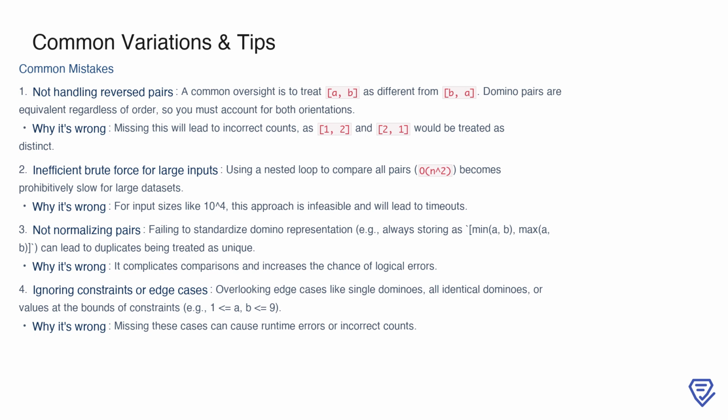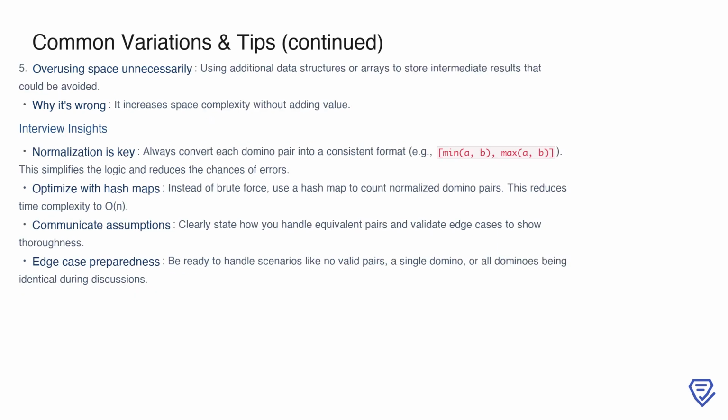Scenarios like having only one domino, all dominoes being identical, or domino values at their minimum or maximum limits can easily cause runtime errors or inaccurate results if not handled properly. Another issue to consider is the unnecessary use of extra space. Adding intermediate data structures might seem helpful, but it can increase space complexity without actually improving the solution. Instead, focus on using minimal and efficient storage.